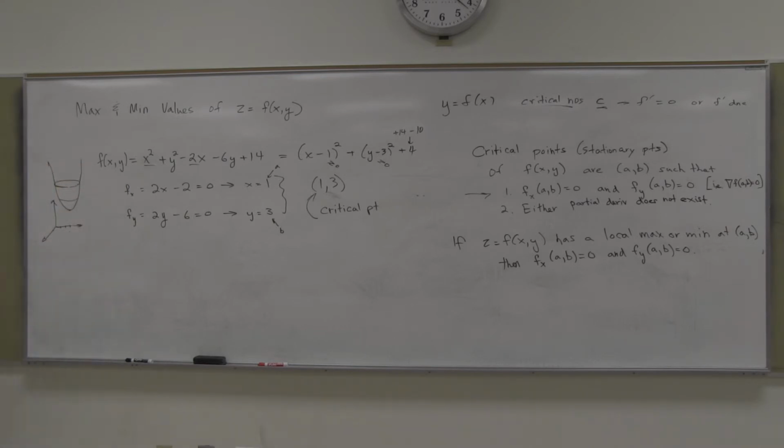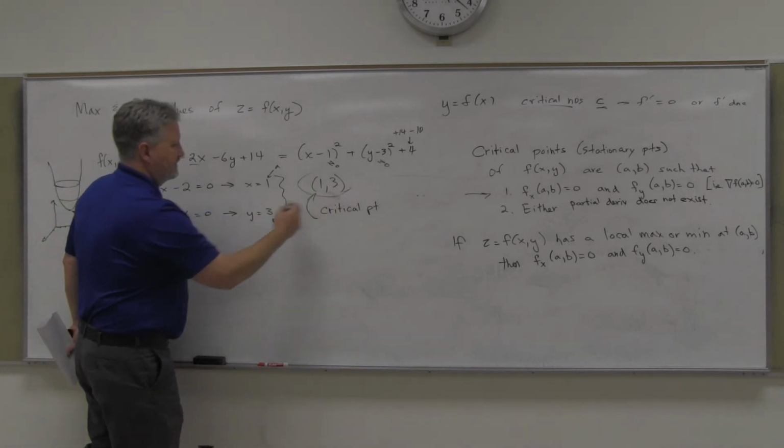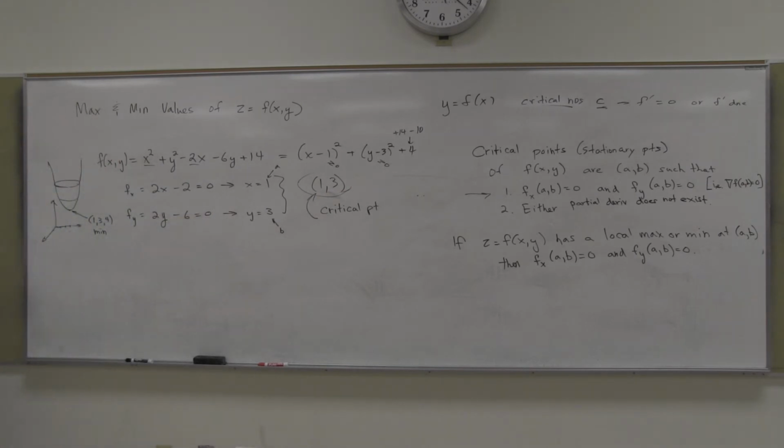But yeah, there's our (1, 3, 4) point. It's the minimum. Okay, so just to show you that this little process right here gives you, in this case, your absolute minimum, or local minimums. There's only one for this one. But anyway, okay.